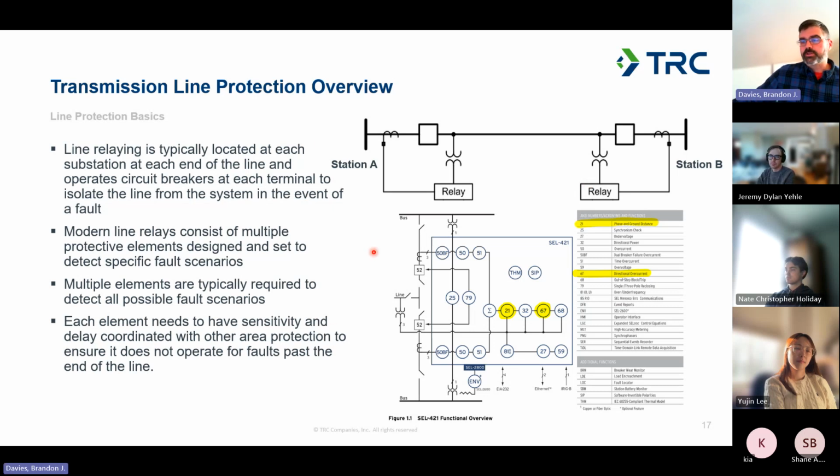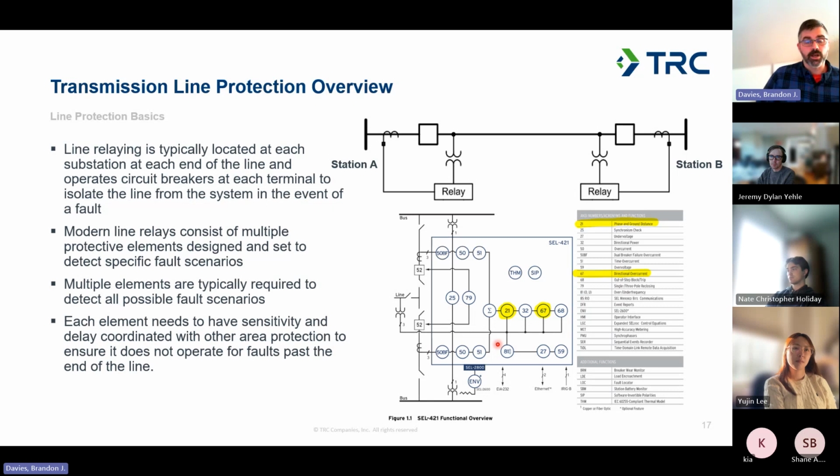So generally with modern relay design, we're talking about microprocessor-based numerical relays that include dozens of protection functions and schemes we can apply to meet these protection objectives. And generally, we're kind of breaking that up and looking at a subset of those that are targeted to see specific types of faults.